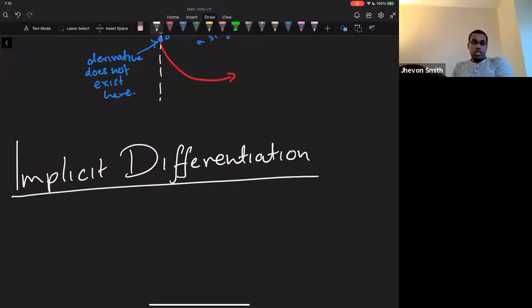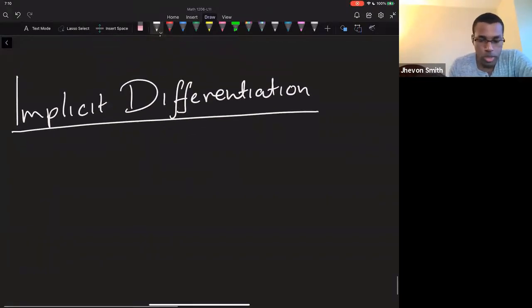And so this is differentiating implicitly defined functions, which might be a strange notion to some of you. So let me actually tell you what I mean.